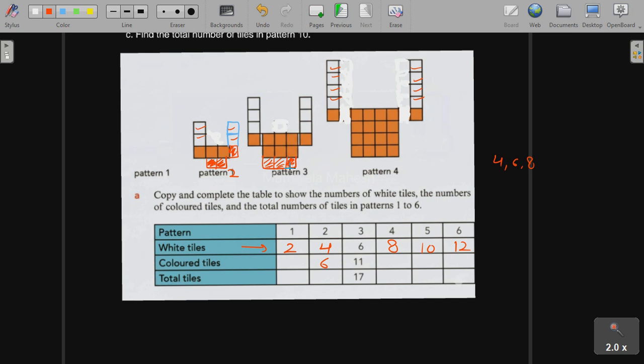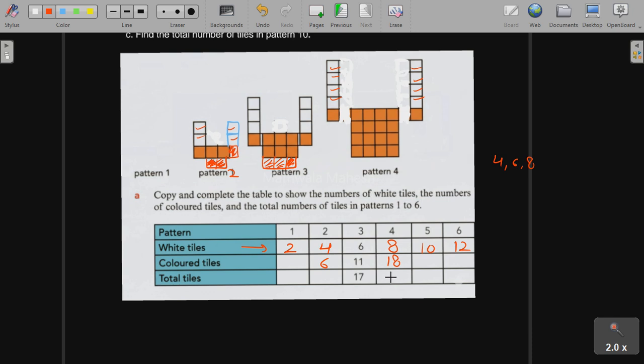Okay, in pattern 3 there are 11, and in pattern 4 there are 18 tiles. Okay, 16 plus 2, 18.